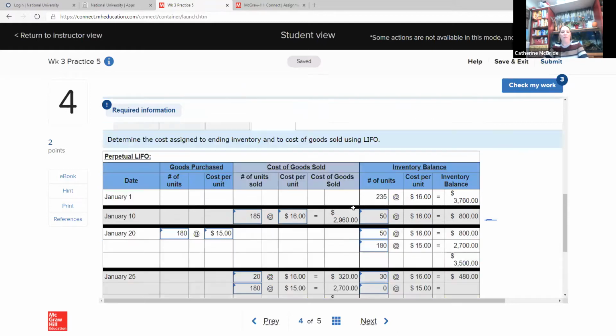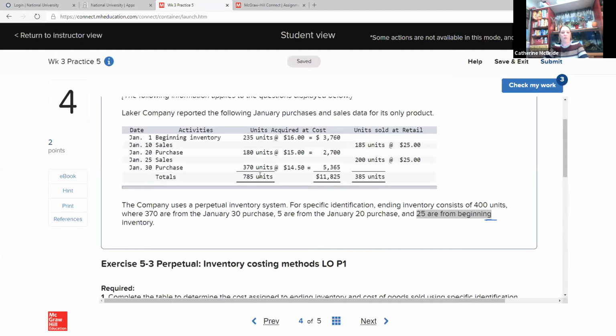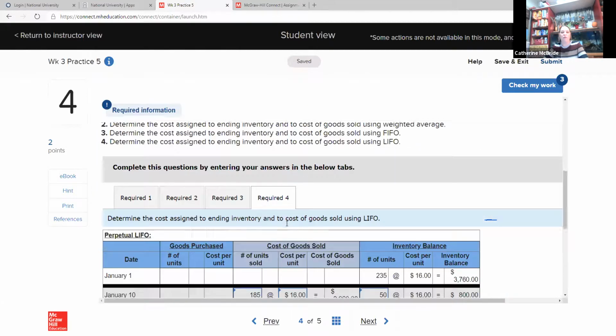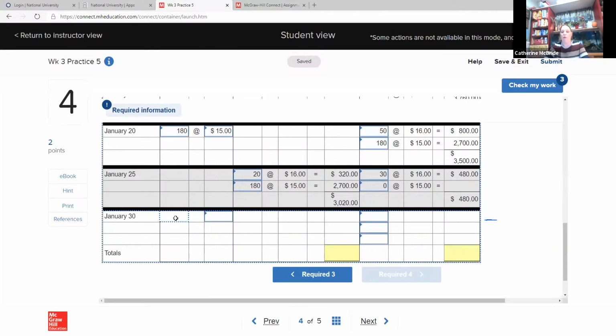Then the last piece is we purchased 370 units at $14.50. So now I have three layers, really two because one's zero. I have 30 there, I have 0 here, and I have 370 here.